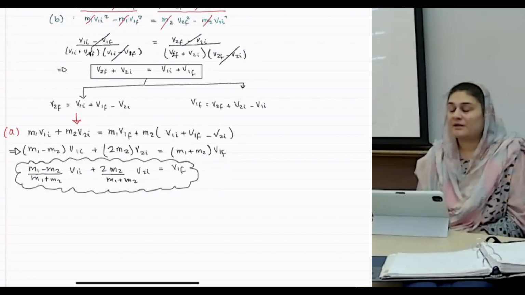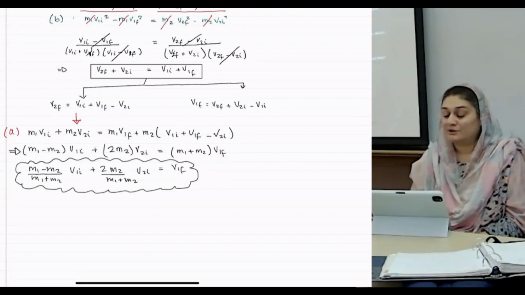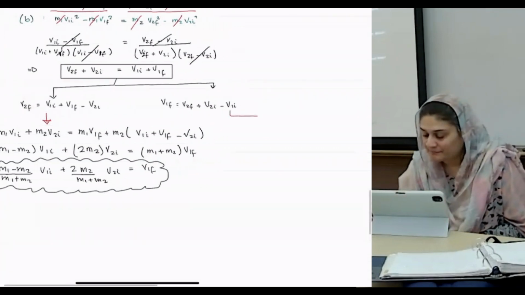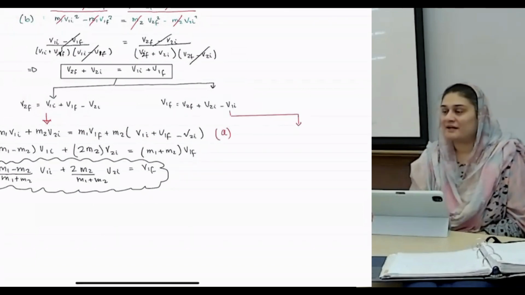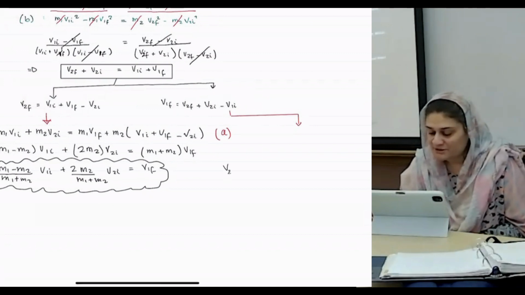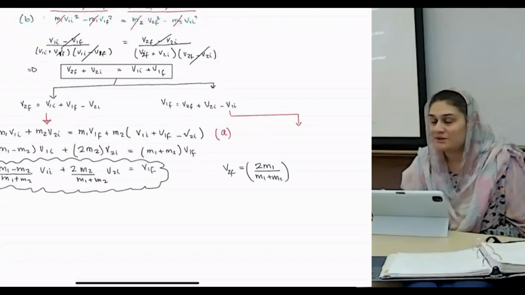This looks really complicated. It's actually just algebra. And you can do the same thing to the other side. Take equation A again, plug this value in here, and solve to give you V2F, which comes out as 2M1 divided by M1 plus M2 times V1I plus M2 minus M1 divided by M1 plus M2 times V2I. I am not doing that derivation.